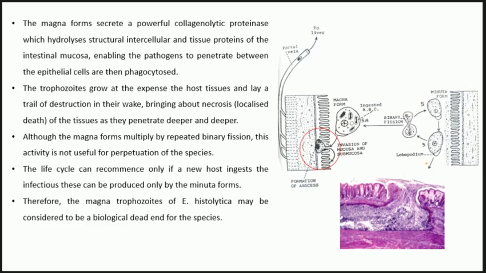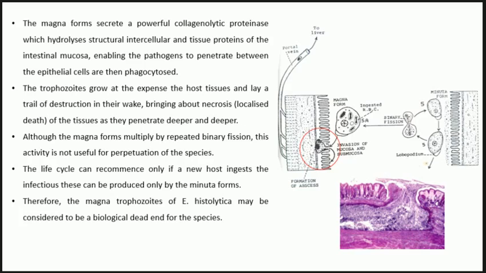From there the nuclei divide into 8, and single nuclei separate out. This is the minuta form. Now magna forms. Once magna formation takes place, they again have binary fission. During the binary fission itself, there is a possibility of magna formation.